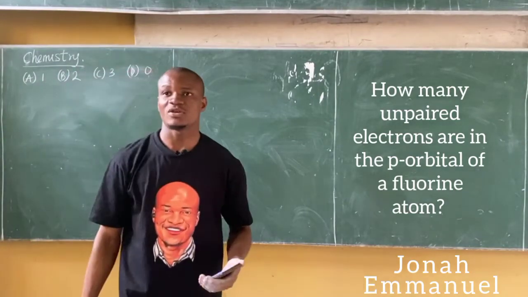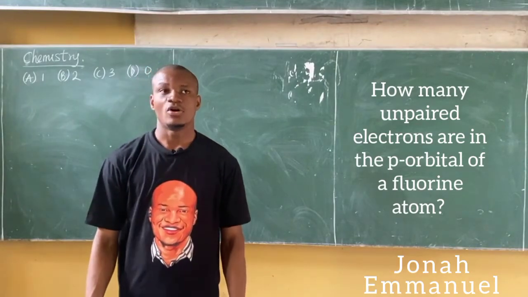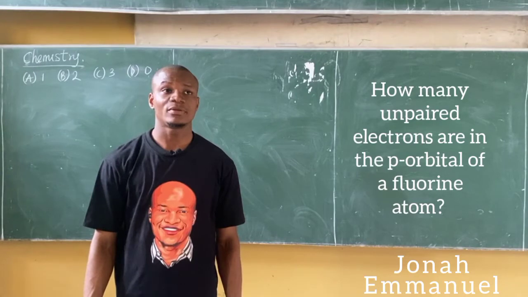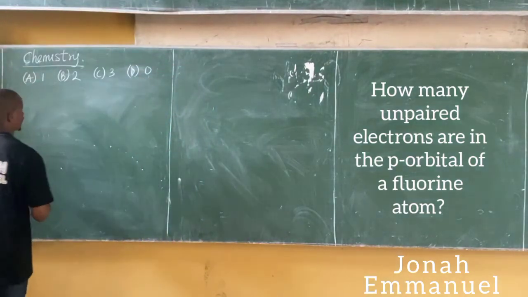So when you hear p orbital, what comes to mind? SPDF configuration. For fluorine, fluorine is atomic number what? 9. If it's atomic number 9, please help me with the SPDF configuration.